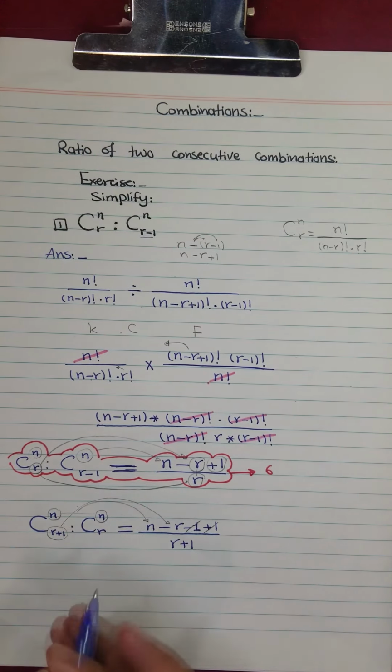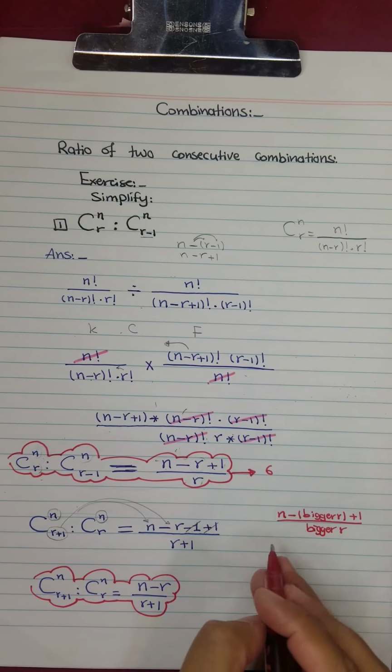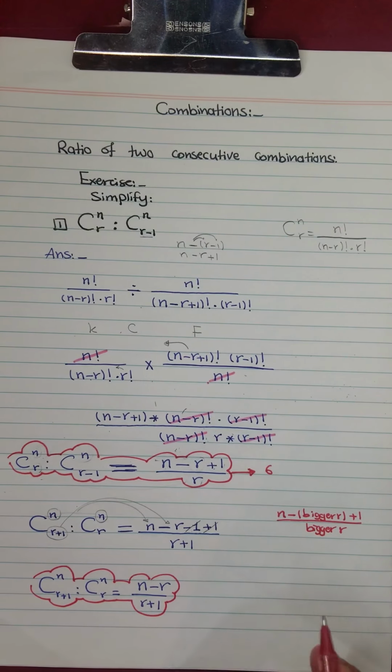N minus the bigger r of the two, plus 1, over the bigger r. The same thing: n minus the bigger r of the two was this one, plus 1 cancelled the negative one, over the bigger r. So this is mainly the sixth property. This is the combination of n r and n r minus 1.